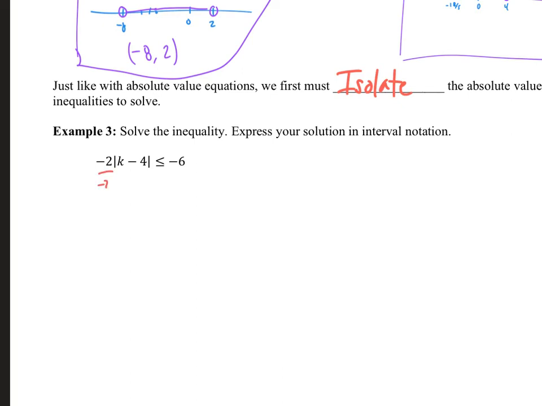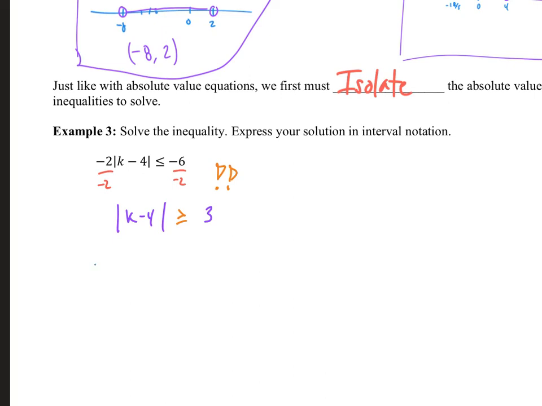So I'm gonna divide by negative 2, both sides. Of course, negative 6 and negative 2 give us 3. And then, since we divided by a negative, it's going to flip my inequality around. Then we go to the splitting.